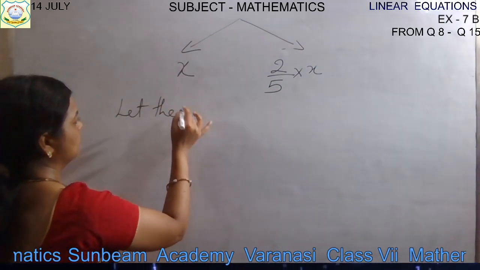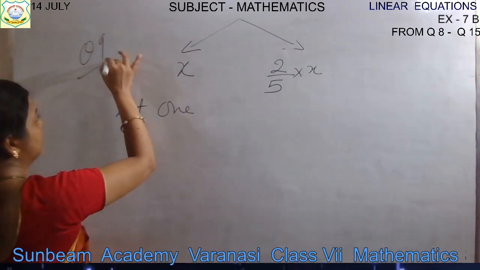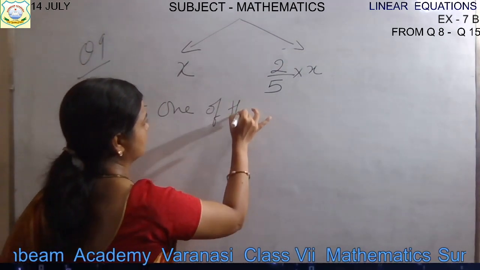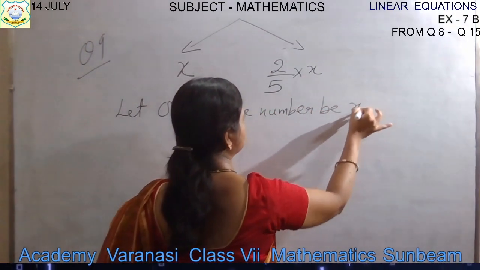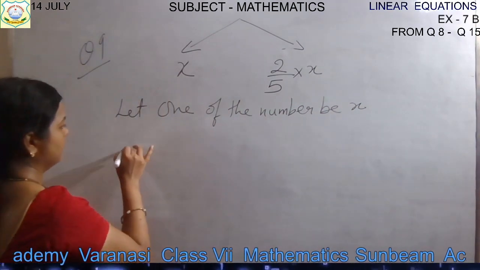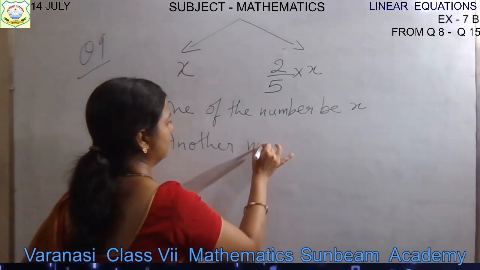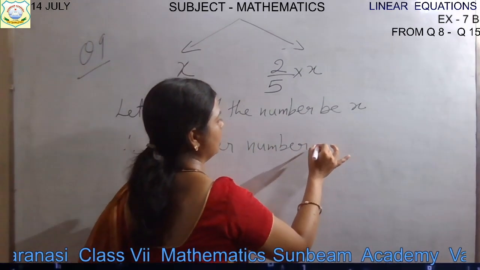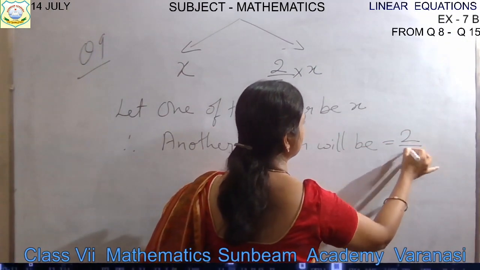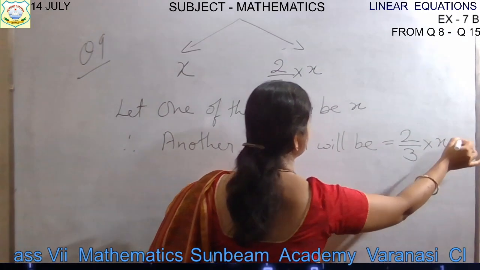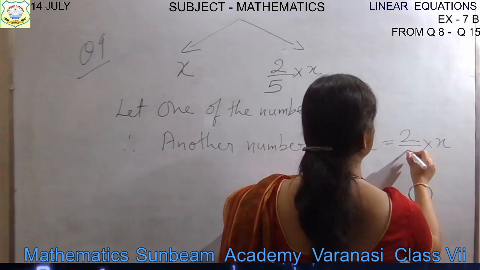Question number 9. Let one of the numbers be x. Therefore, another number will be 2 by 5 times the other number.